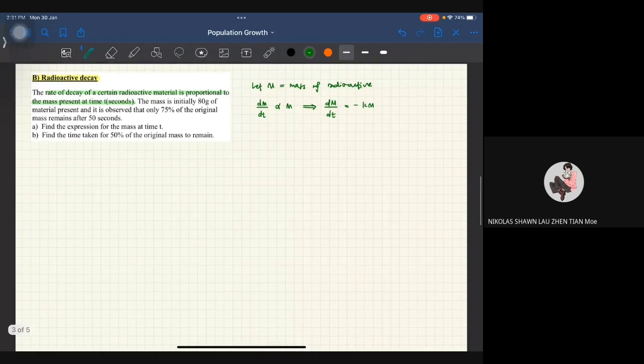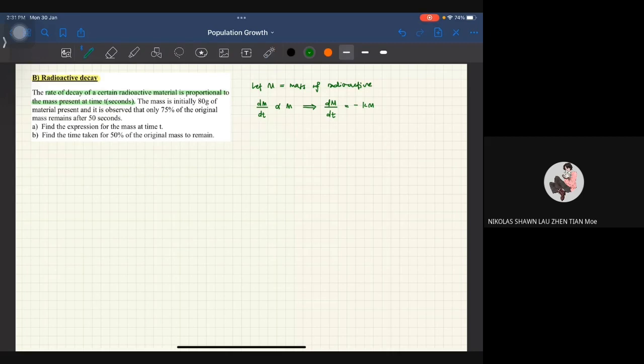Decay dia jadi kurang. Betul, good. Sebab dia adalah decay. Maksudnya daripada asal, let's say kita ada 100. So, by the time goes, apa yang kita ada tu dia akan berkurang lah. So, dia akan decay, terhakis kan? Okay, right? So, kita akan dapat dm over dt is equals to negative km. So, that is the first information yang kita ada.